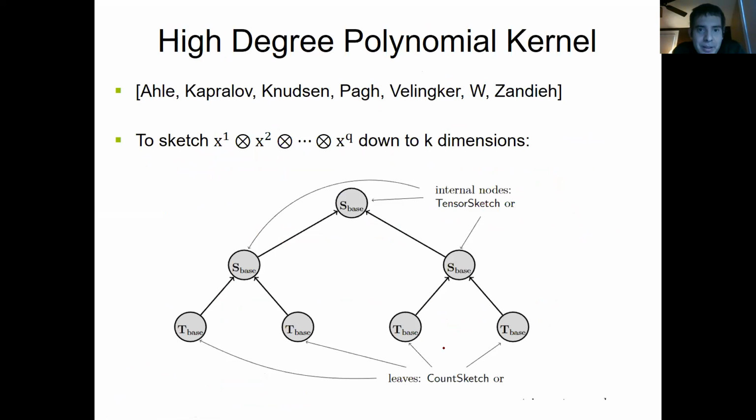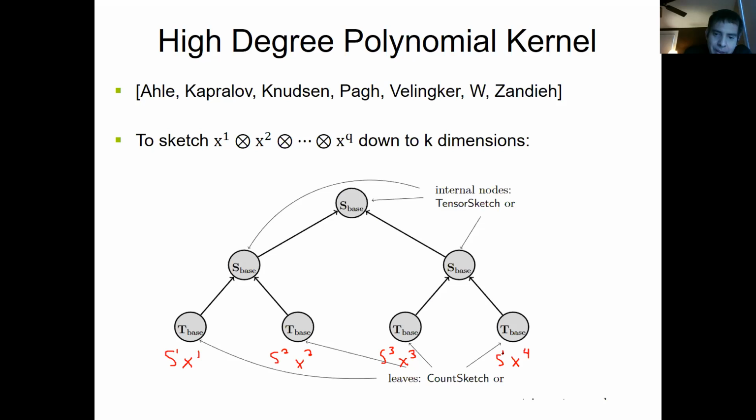One thing that we did recently is we showed how to get a polynomial dependence on q. So it's a new sketch for high degree polynomial kernels, and it's based on a binary tree-like structure. If I want to sketch a fourth order tensor, I'm again going to apply count sketch to each of the individual modes.